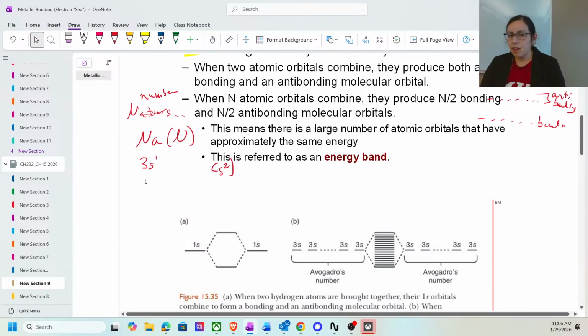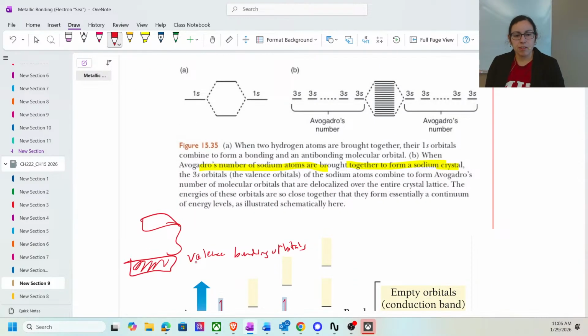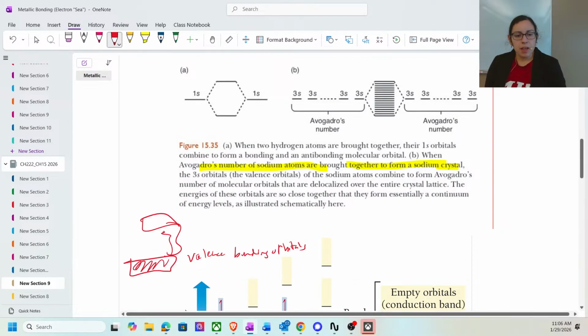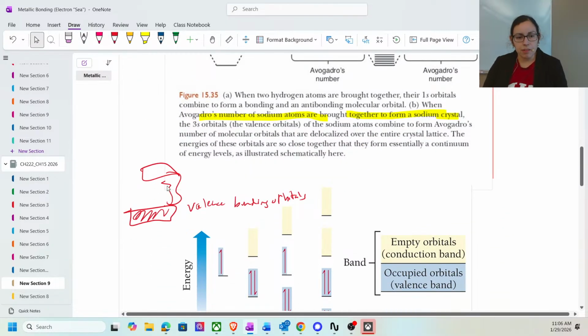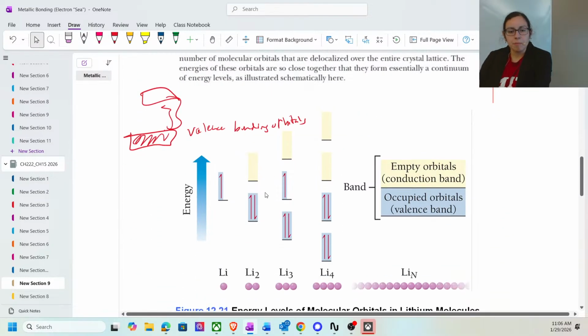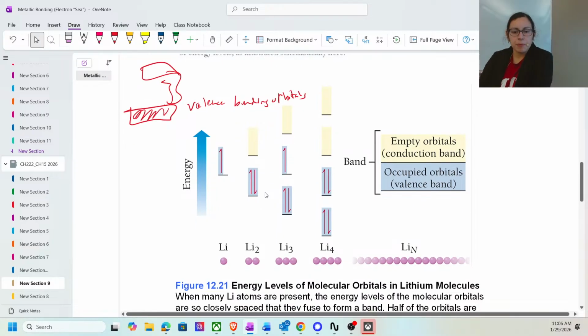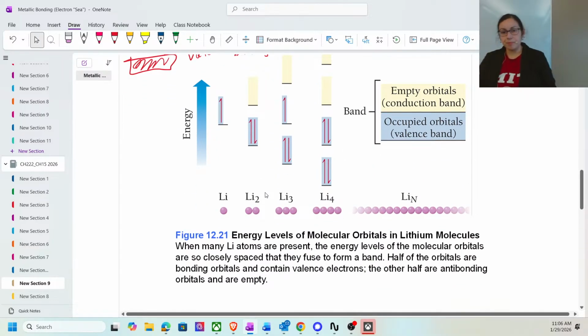We only had half of the total number in the s, so half are filled up. That explains why sodium is conductive when we have this small band gap. And again, the paper explains it a little bit better.